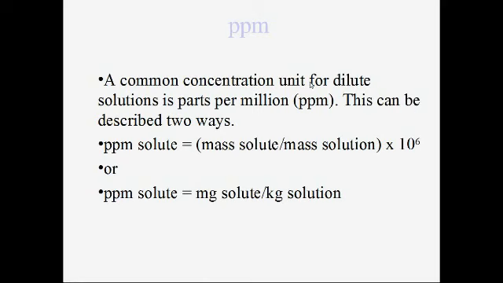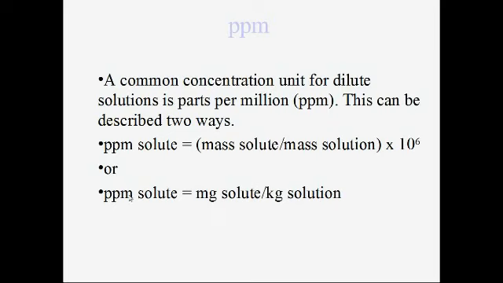Parts per million, this is useful for dilute solutions. So parts per million will be mass of solute divided by mass of solution times 1,000,000. Or for aqueous solutions, ppm will be milligrams of solute per kilogram of solution.